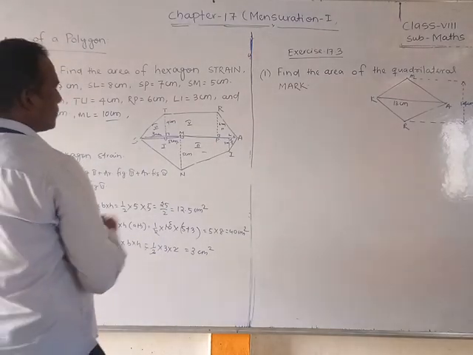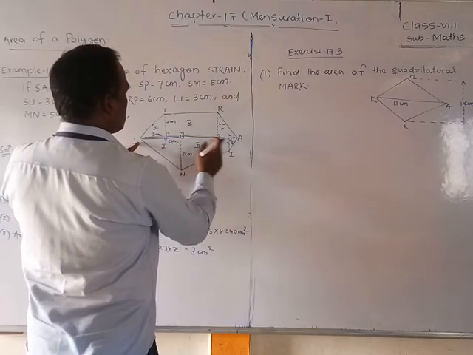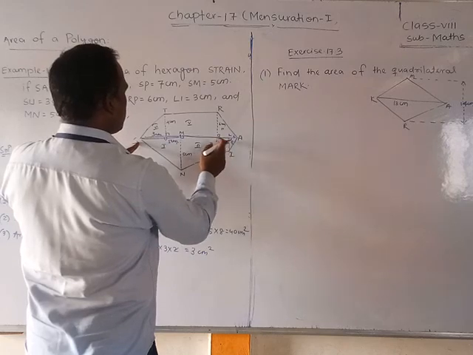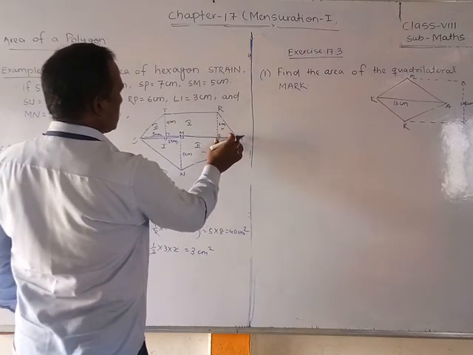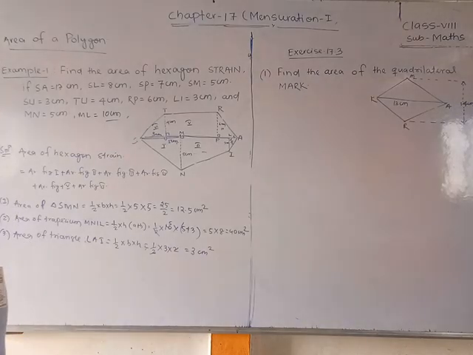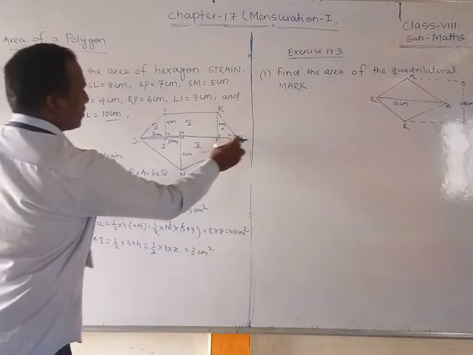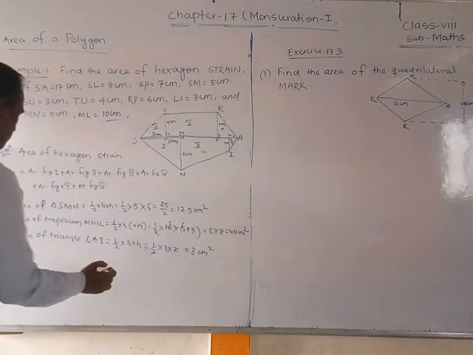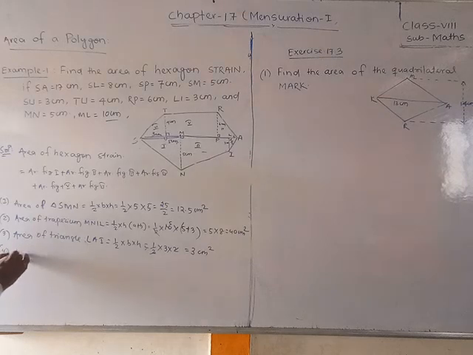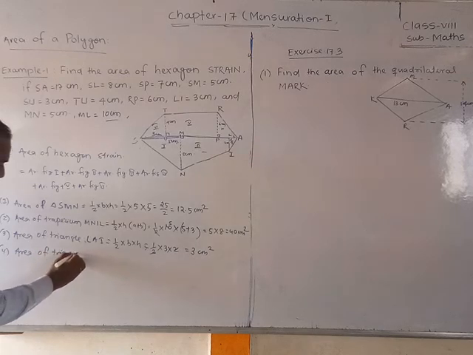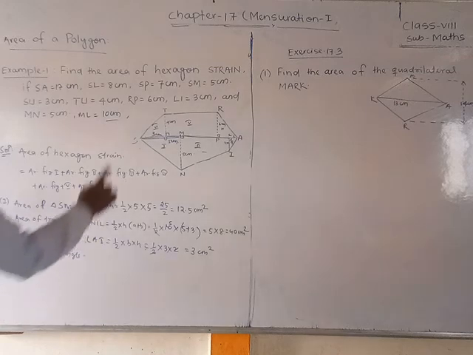This is 5, 10, 7. This is 10 centimeter, because total is 17. So here to here is 10 centimeter. So what you have to do? Figure 4, area of that is also a triangle. The triangle is PAR.